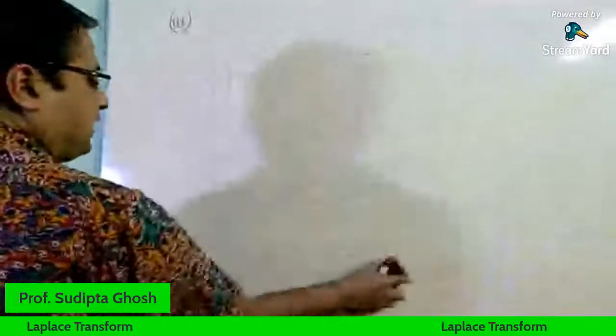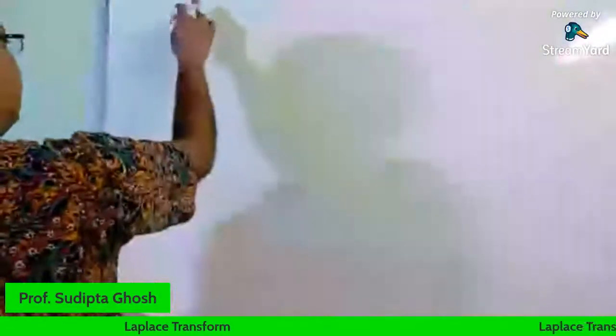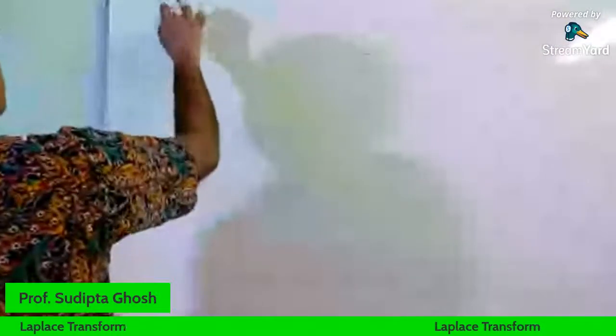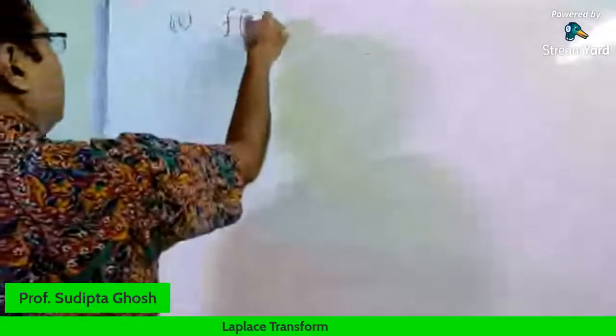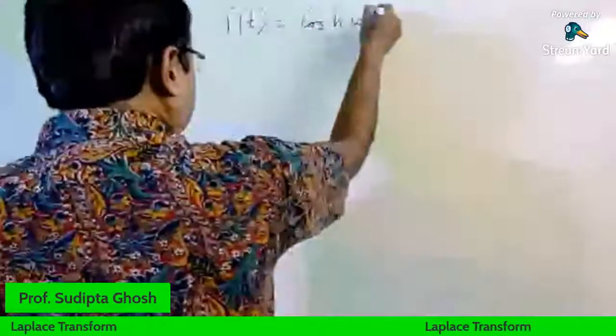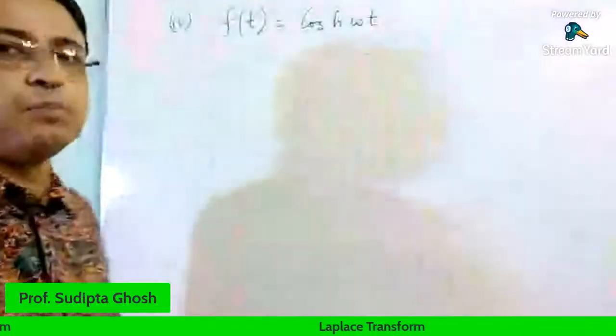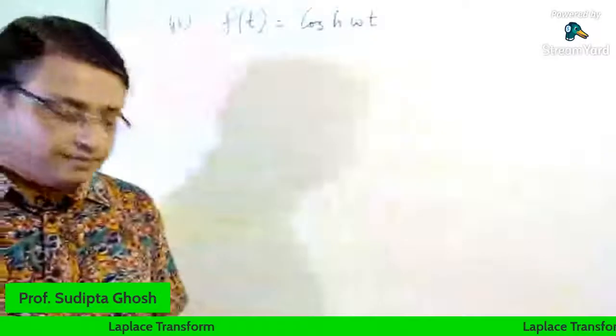Let's find out the Laplace transform of cos hyperbolic omega t. So this is function 4, f of t equals cos hyperbolic omega t. The problem can also be written with sine hyperbolic omega t.